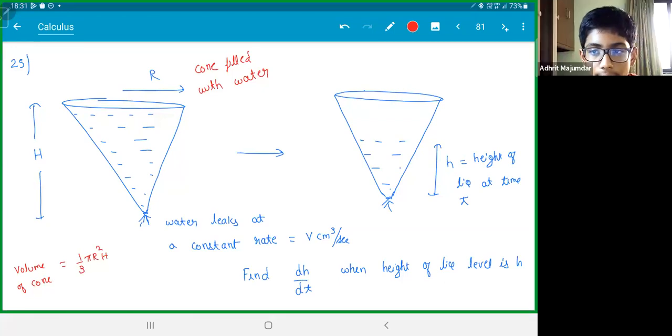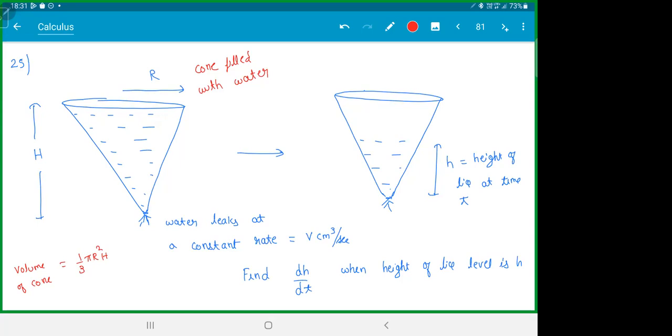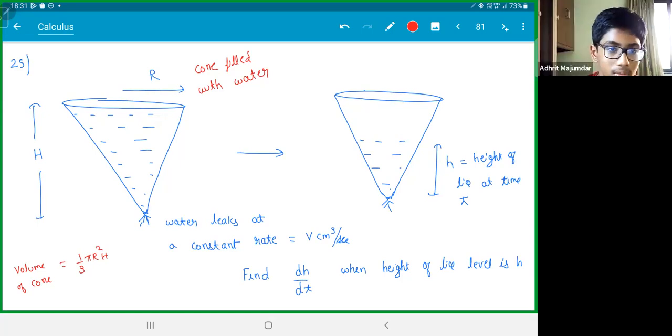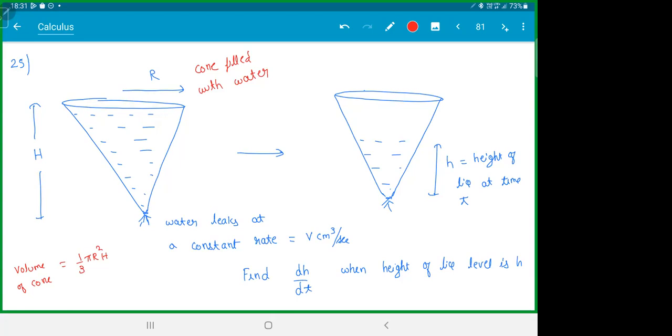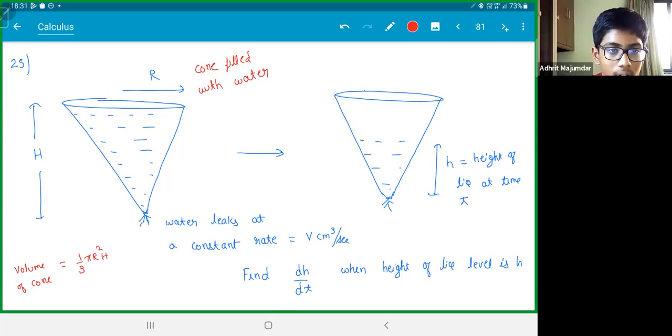Sir, R is constant. How will R be constant? The cone is the same, no? Are you asking about R of the water or R of the cone? R of the cone will remain the same.